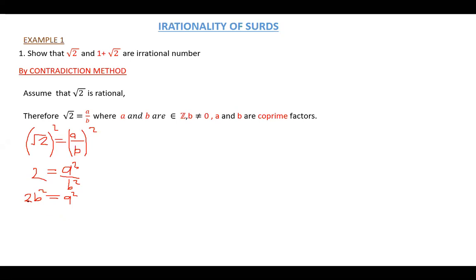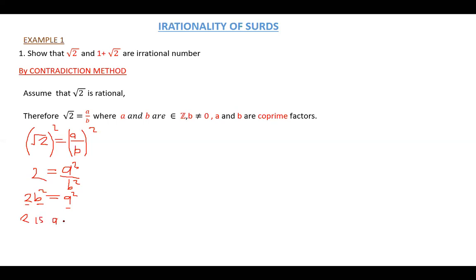When I multiply 2 times b squared, I'm getting a squared. Don't you think that for me to get b squared, I have to divide a squared by 2? I don't know if you have gotten me here. So in other words, I'm trying to say this 2 is a factor.